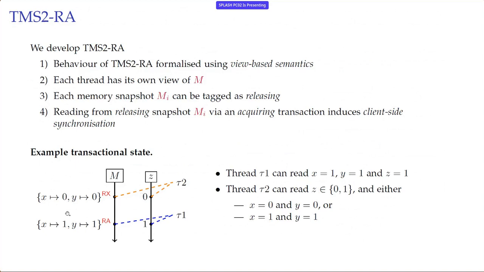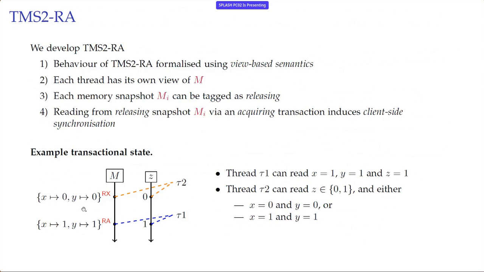In this state, you can read from your view onwards, your view down. So thread tau1 can read x is 1, y is 1, and z is 1. Thread tau2, for the client variable z, could read either 0 or 1 because its view is back here. So it could read either that right or that right.